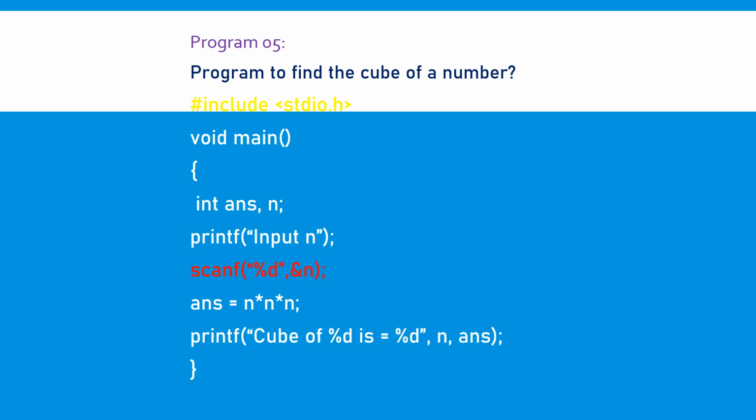Suppose I input 3, the output will be: cube of 3 is 27. When it encounters the first %d, it will print the value of the first variable written after the comma. And on seeing the second %d, the compiler will search for the second variable from which the value will be printed.